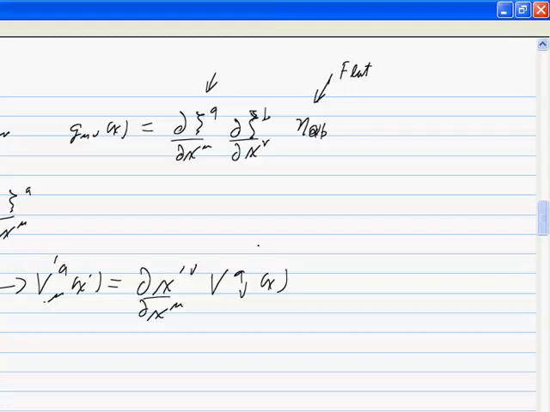My usage is going to be, I'm going to always use the A, B type of indices for flat and mu, nu for real coordinates.